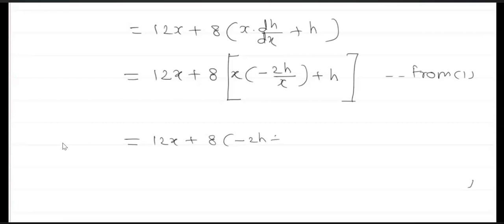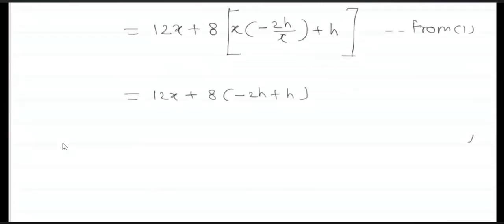And that's why you will get 12x plus 8 in bracket minus 2h plus h, that is 12x minus 8h.